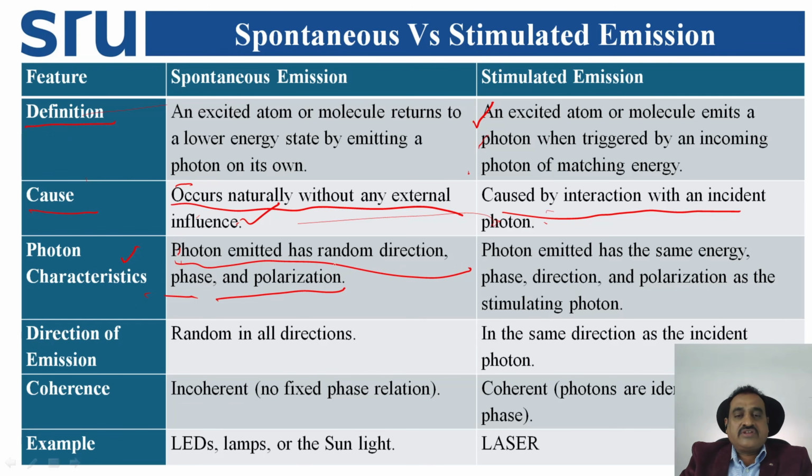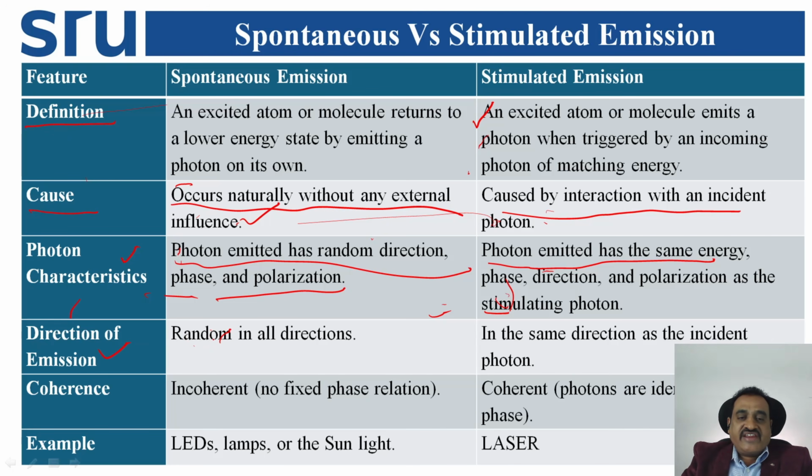So it will not give coherent light and monochromatic light. The photon emitted in stimulated emission of radiation has the same energy, same phase, same direction, and polarization as the stimulating photon.